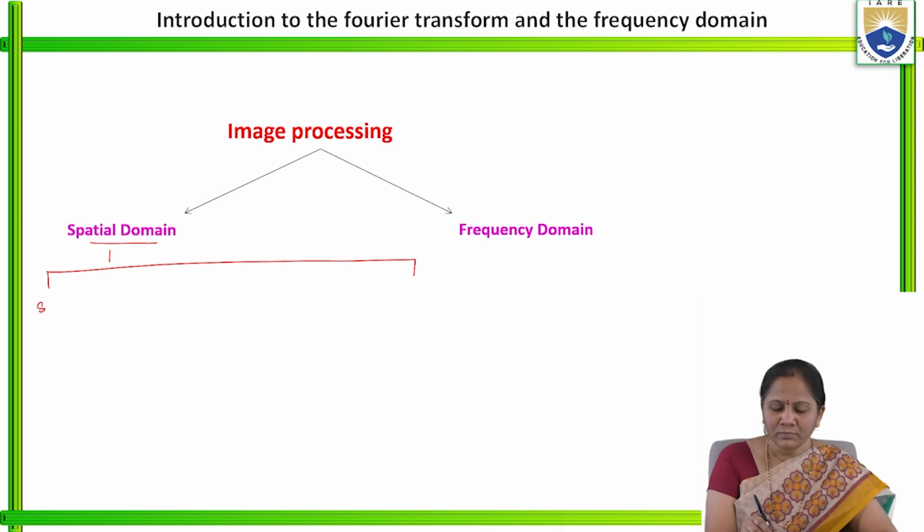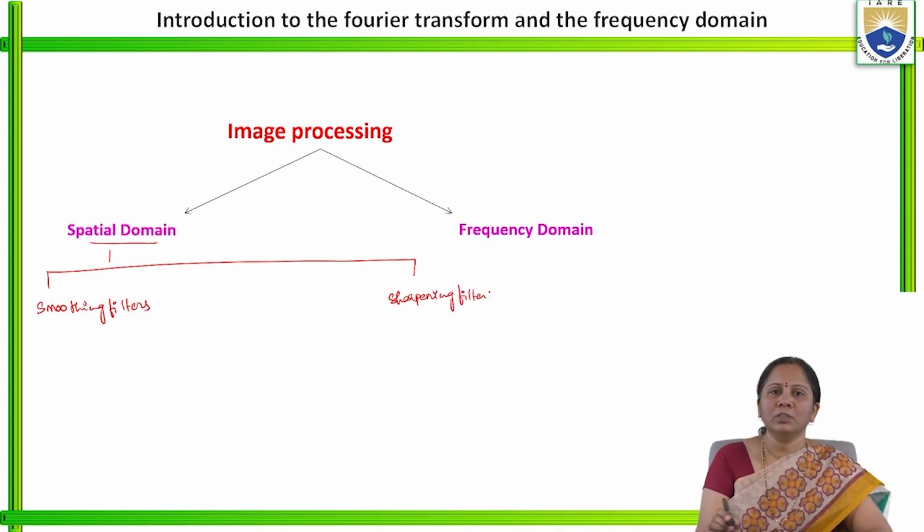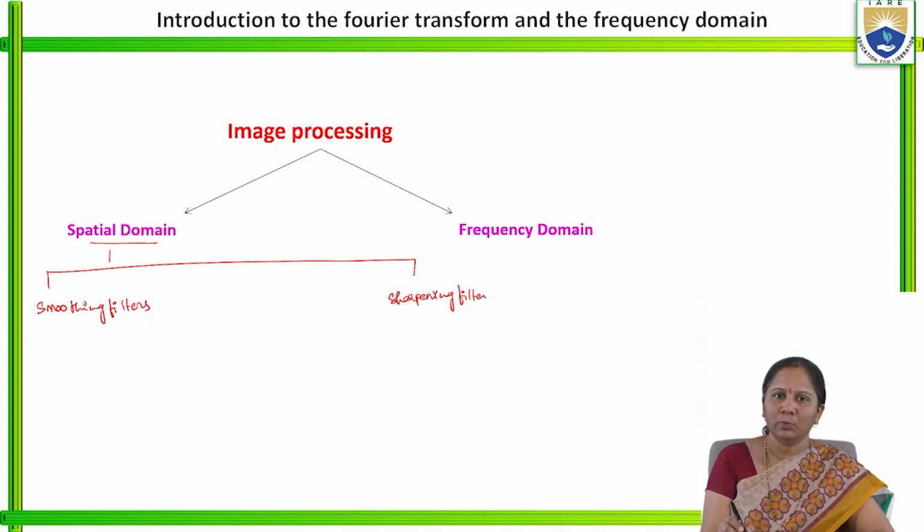One is smoothing filters, and the second is sharpening filters. These are the two major concepts we learned under the spatial domain.